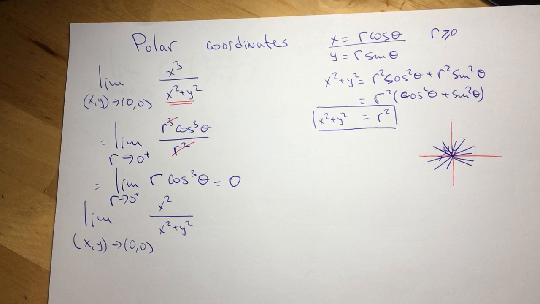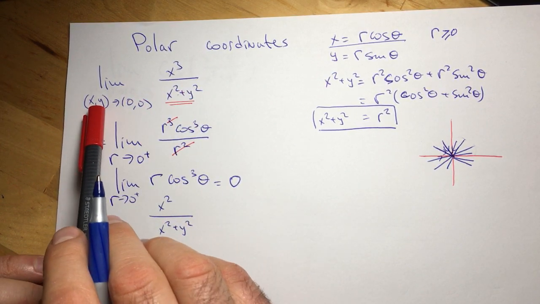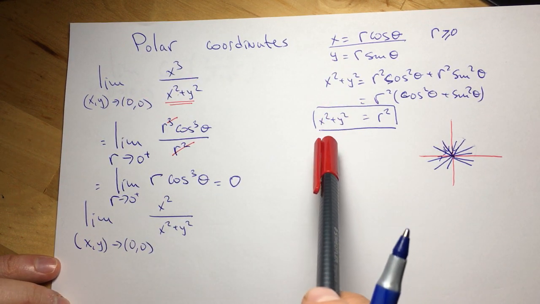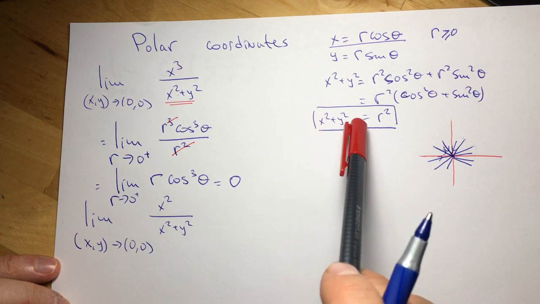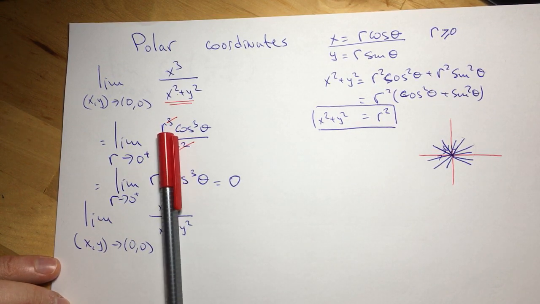So one more time, whenever we have the expression x squared plus y squared, where x and y are approaching the origin, it's very convenient to switch to polar coordinates. Then x squared plus y squared simply becomes r squared, and the limit approaches 0 from the right.